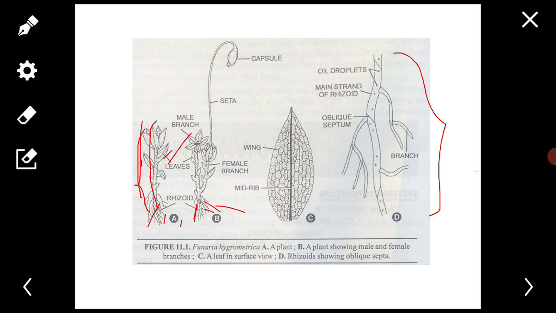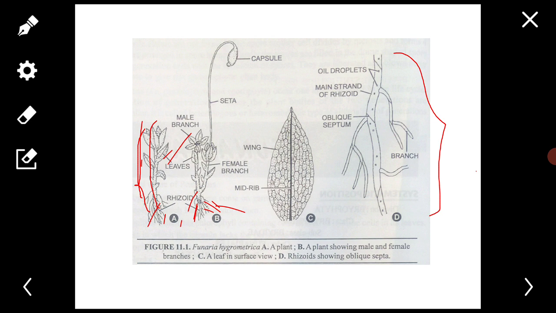The rhizoid originates as a tubular elongation of surface cells at the base of the axis.